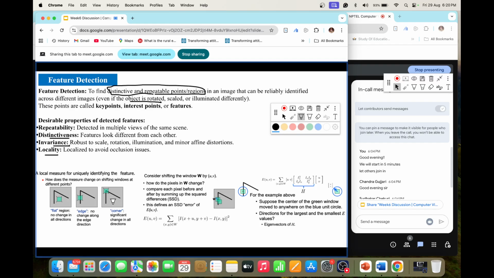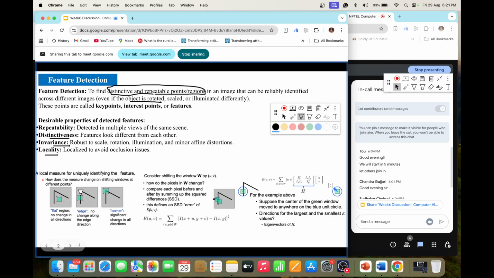In a flat region there will be no change in any direction. If you move this green window in a flat region, towards x or towards y, there will be no considerable change. That is why this region is flat.